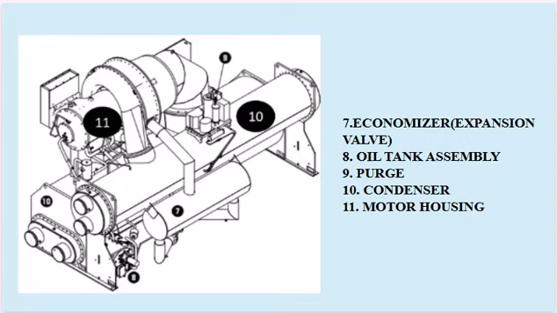Next is the condenser, which releases heat from the refrigerant into the surrounding environment, converting it from gas to liquid. Lastly, the motor housing safeguards the chiller motor, protecting it from external elements. These components work together to keep chiller operation seamless across various applications, from air conditioning to industrial cooling.